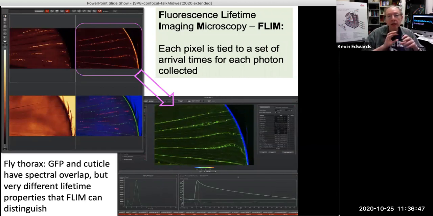In particular, this is a very good way to perform FRET, fluorescence resonance energy transfer, that is used to determine how close, for example, fluorescent proteins are to each other. As they come closer, they're able to transfer energy without using a photon. That will greatly change the fluorescence lifetime properties. So as two things come together, the lifetimes will change, and then you can observe proximity of two proteins.